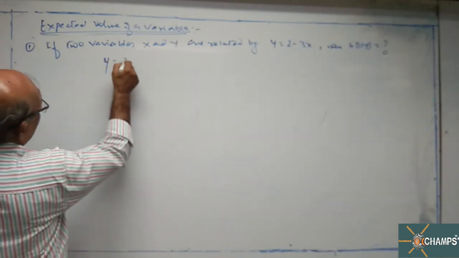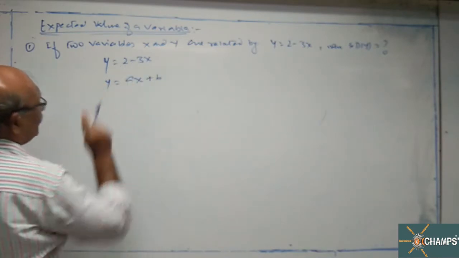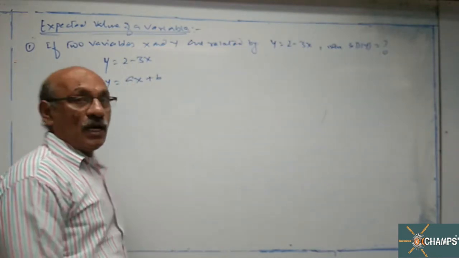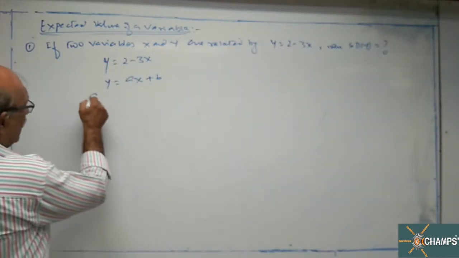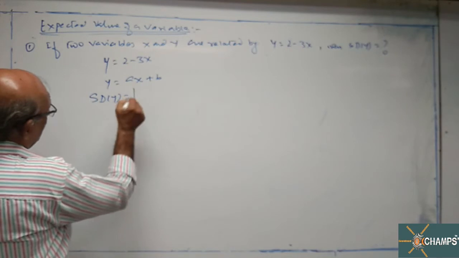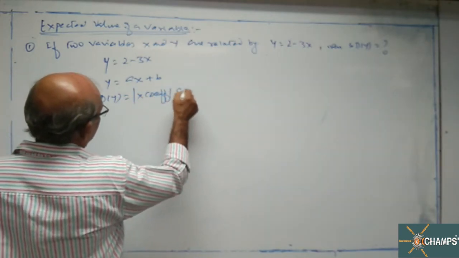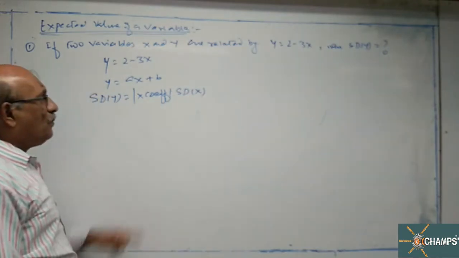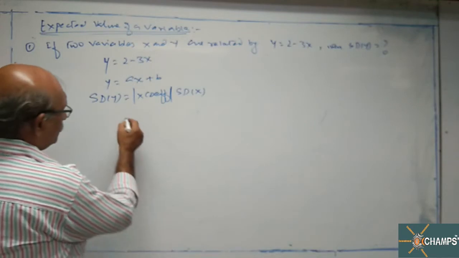Here y is equal to 2 minus 3x. This is of the type y is equal to ax plus b. Standard deviation of y is equal to modulus of x coefficient into standard deviation of x.